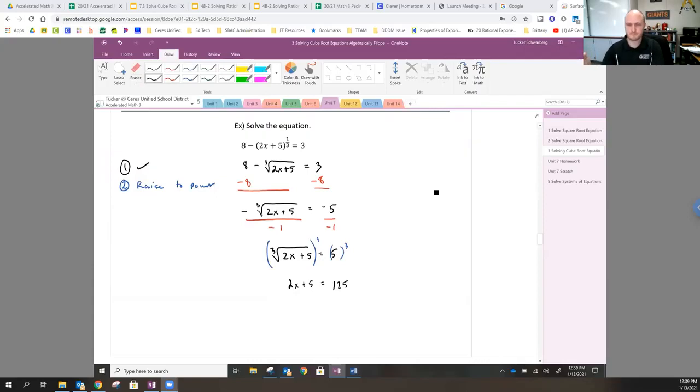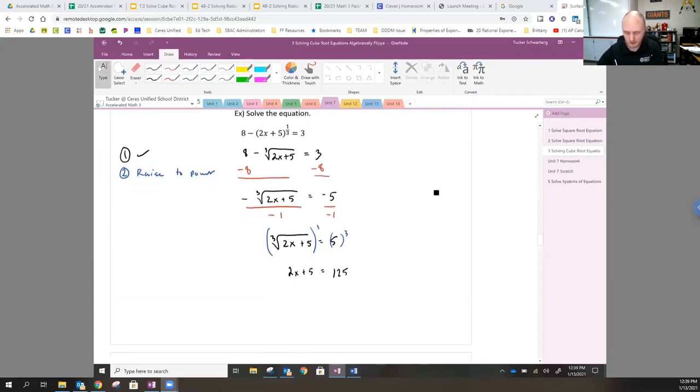There you go. We'll go ahead, we'll subtract 5 on both sides. We get 2x is equal to 120. Divide by 2. X is 60. All right, and all of that was step 3, solve.